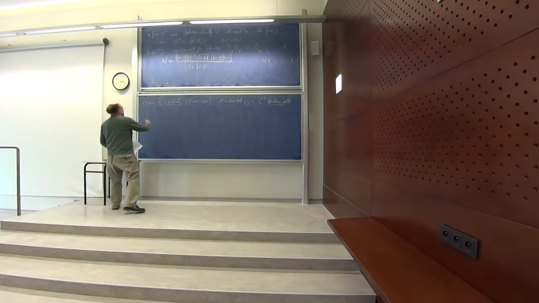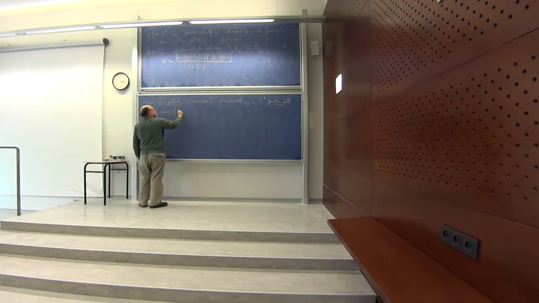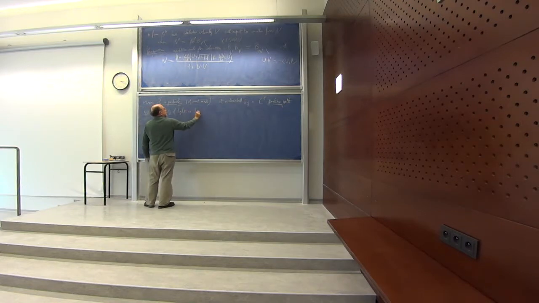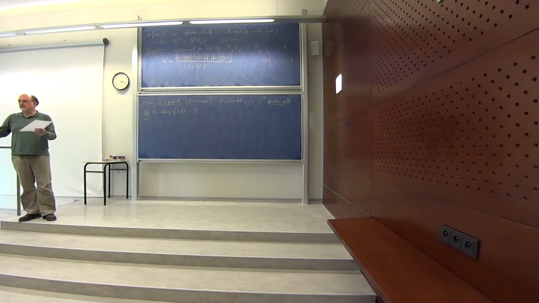Here, in my convention, with my units, the velocity of light is 1. This is a normalization from the very beginning, since the light cone has this equation.